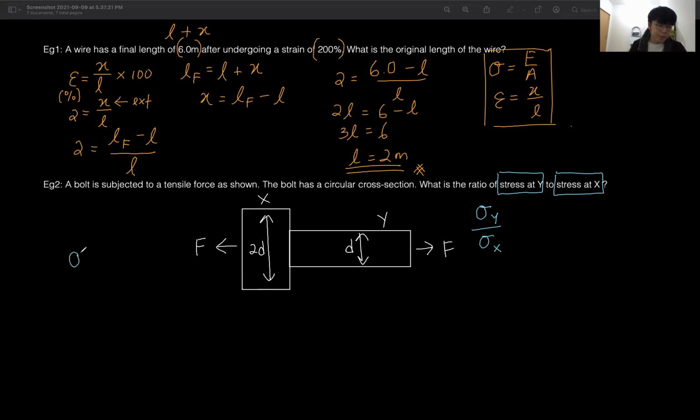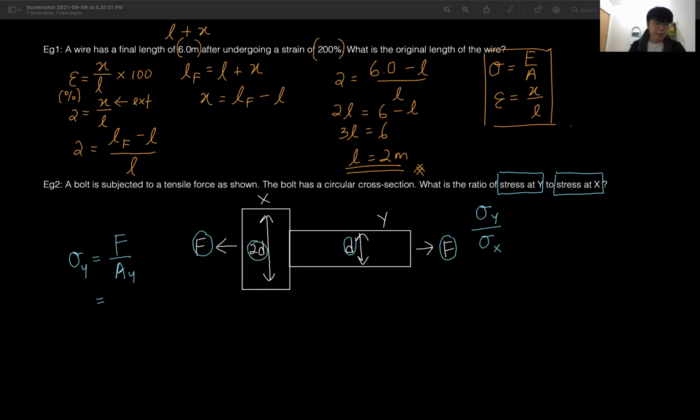What is stress Y? We know that stress Y equals force over area of Y. Because the force is the same here and here, I can just write F instead of Fy. Area: given here, this is diameter D, and this is 2 times the diameter.